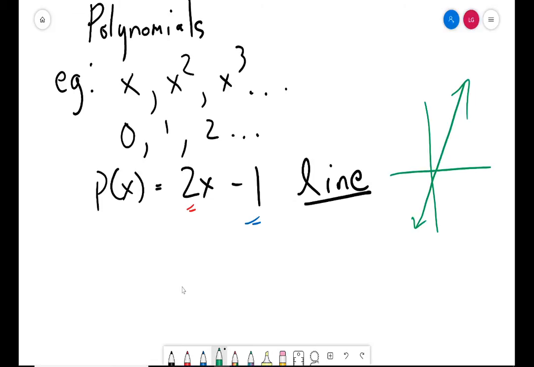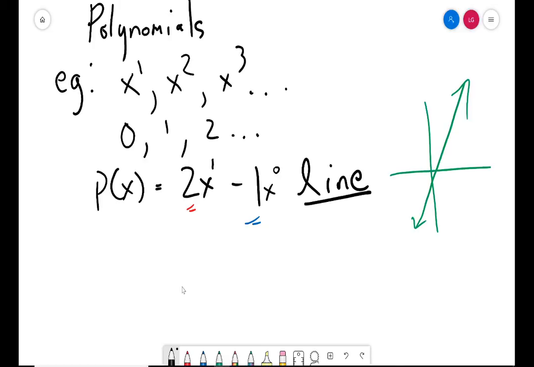But why is it a polynomial? Well, it's the sum of powers of x, right? Whole number powers of x. Here, and this is important, is an implied 1, right? So I can actually go up here and write that as well. There's an implied 1 here. Here is actually an implied x to the 0, okay?